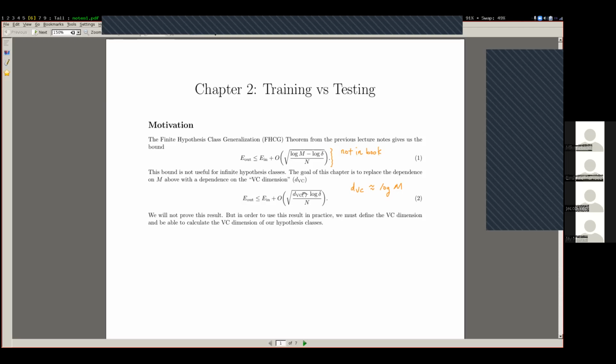And so we're building up to develop something that looks like this, where our bounds are on this thing called the VC dimension. And so we need to figure out how we can compute this VC dimension. And once we have this machinery in place to compute it, then we can start working on problems about how we select appropriate algorithms and hypothesis classes for different types of training data based on the VC dimension, that given certain situations, we'll want either a high VC dimension or a low VC dimension.